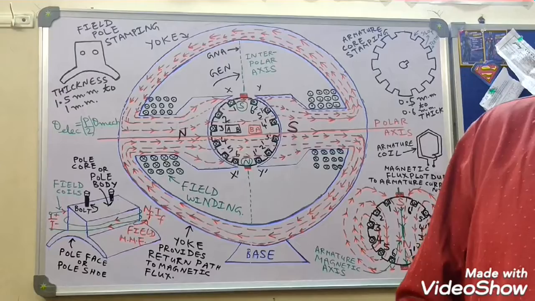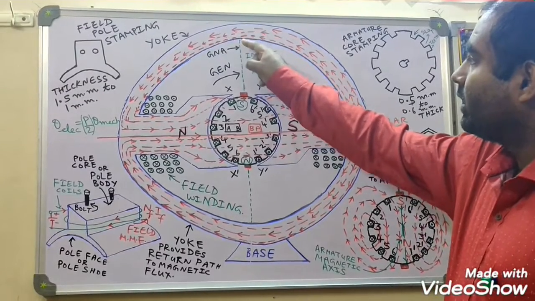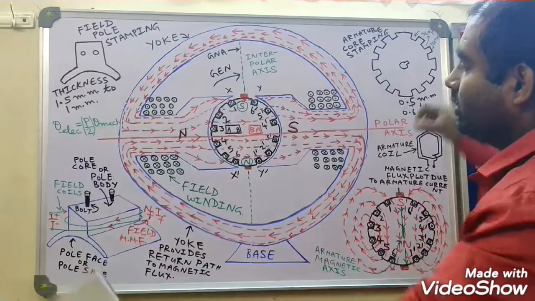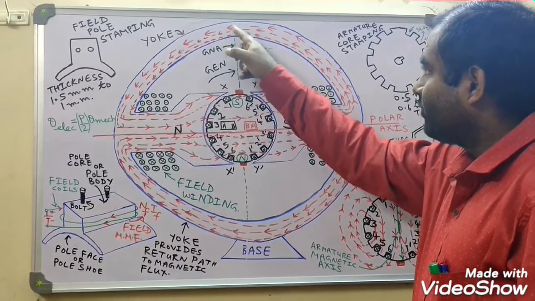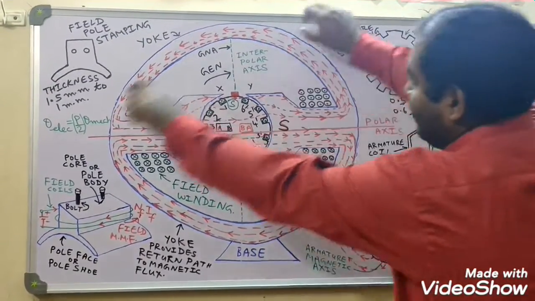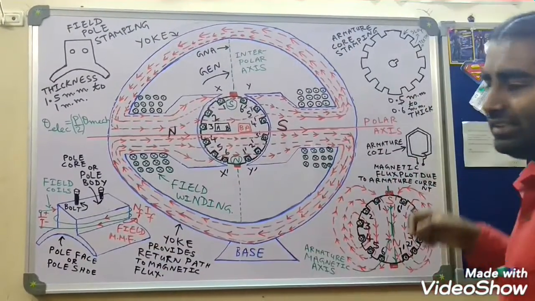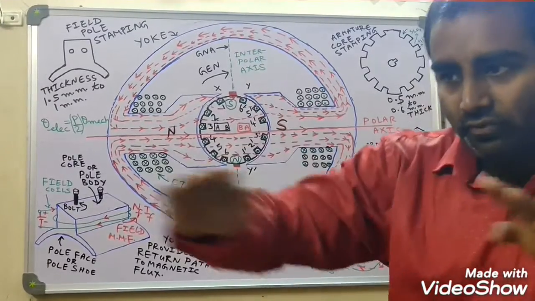What is the meaning of develop view? Develop view means nothing but this: we imagine that the portion of the DC machine is cut from a place and then straightened or flattened. That is the develop view, or you can say the DC machine being cut and laid flat.